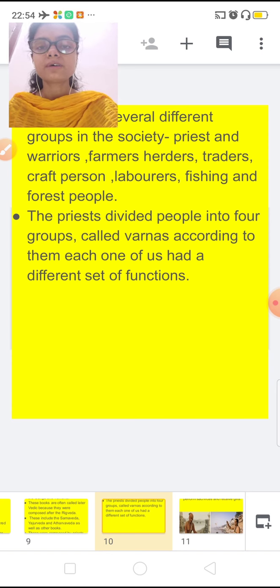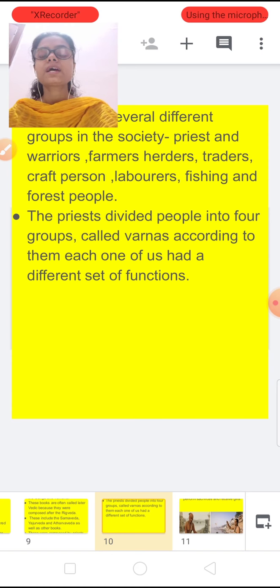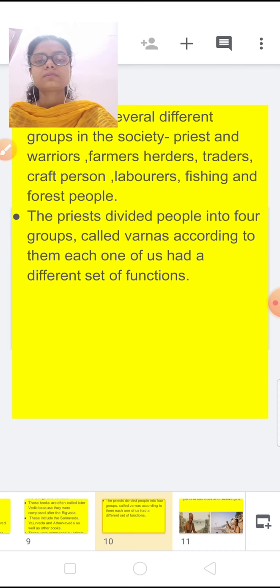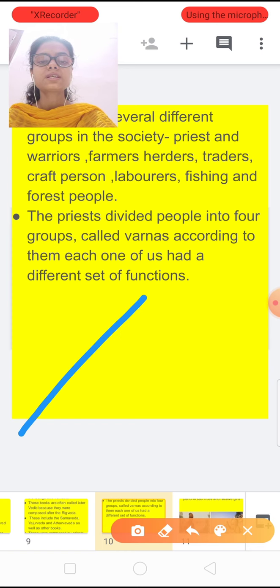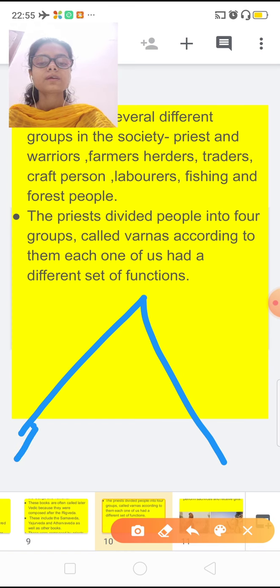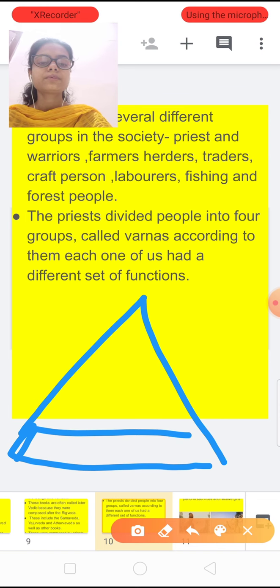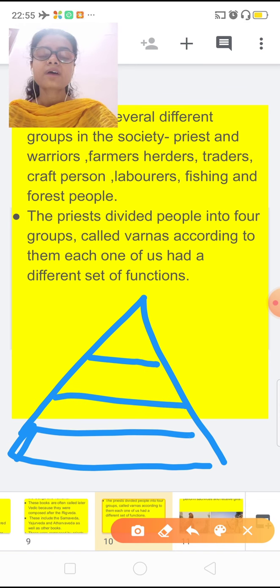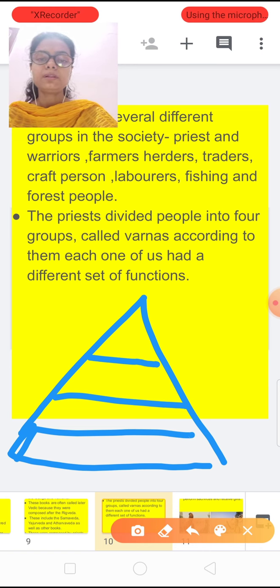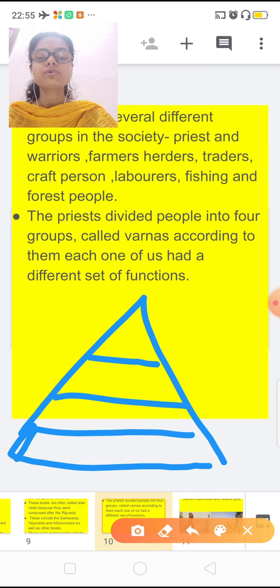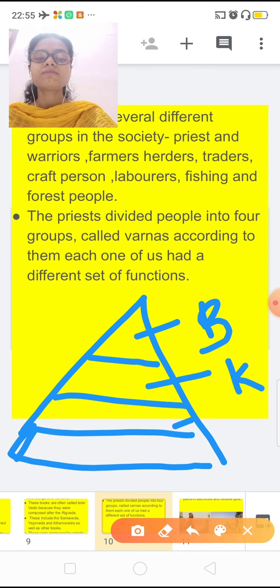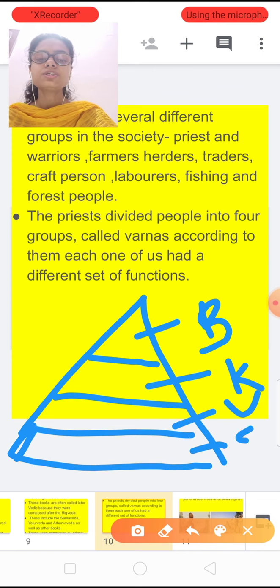Now we have one picture based on that grouping also. So we see this kind of picture. This shows how the priests divided the different types of groups. At the top, Brahmin, then Kshatriya, then Vaishya, and last, Shudra.